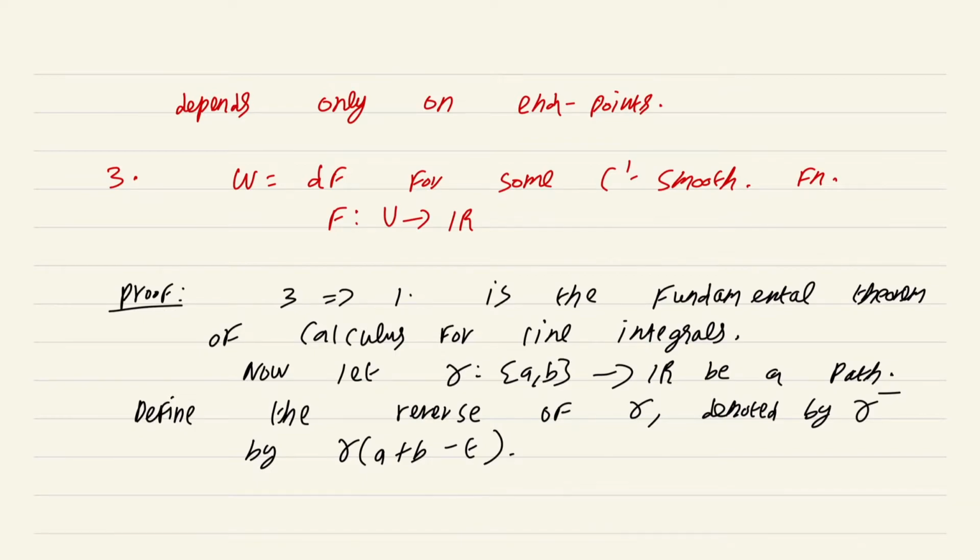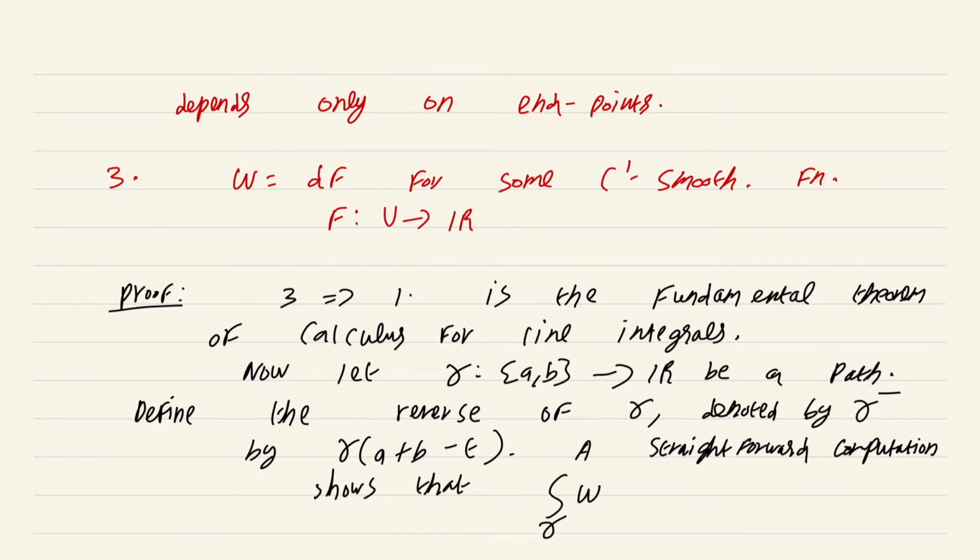A straightforward computation shows that when you integrate a differential form omega along gamma, this is the same as integrating omega on the reverse with a negative sign.